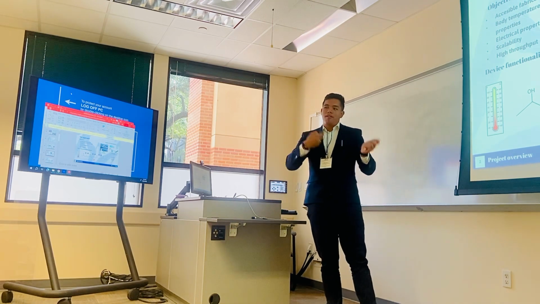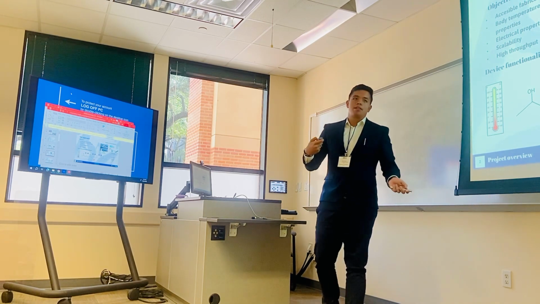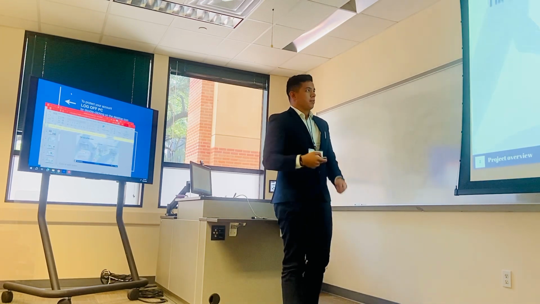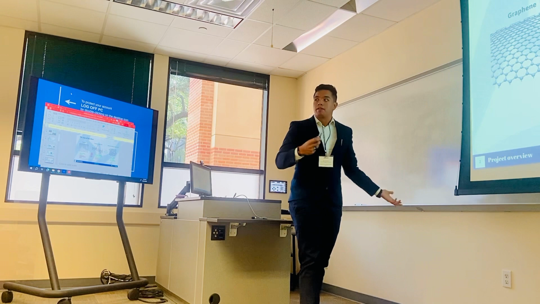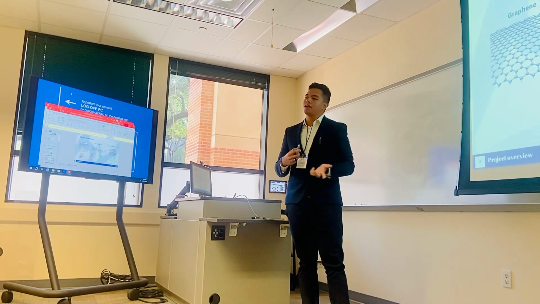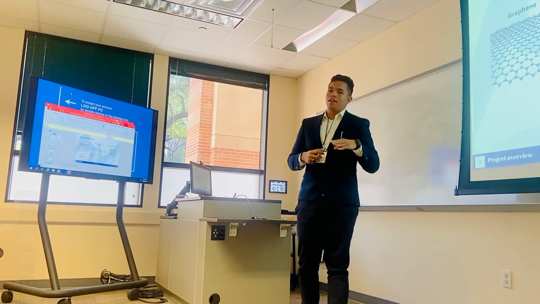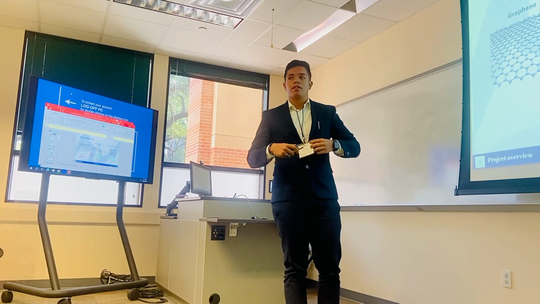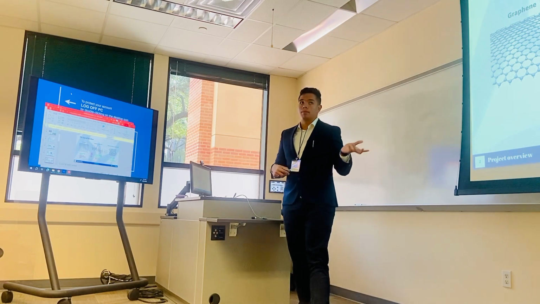But in order to have resistance, you have to have an electrical flow, and to have that electrical flow, you need electrical properties. And so this is where nanomaterials or nanotechnology comes in. We used graphene, well, not exactly graphene. Graphene is an amazing 2D material, a naturally occurring allotrope of carbon.